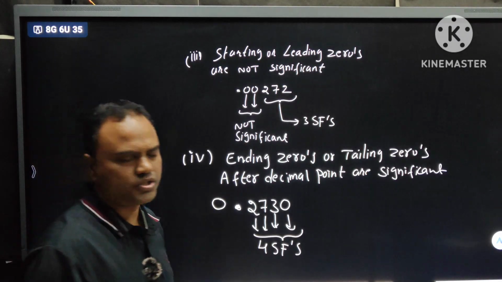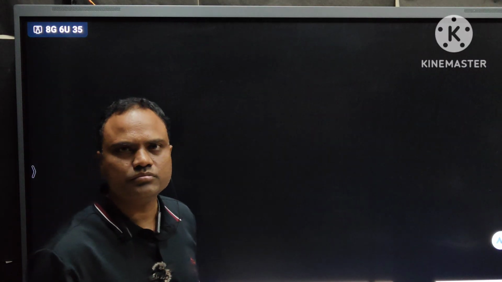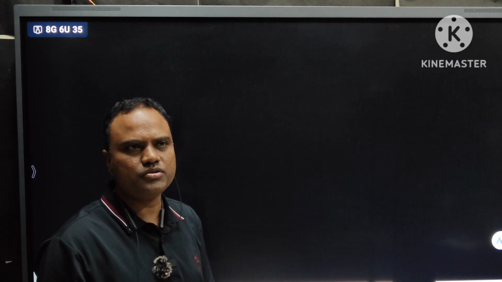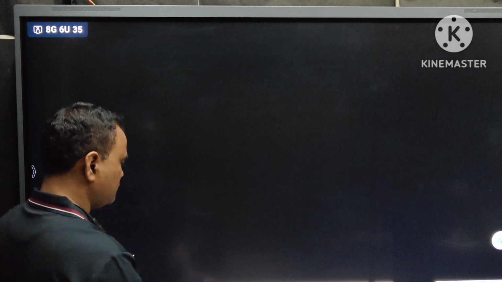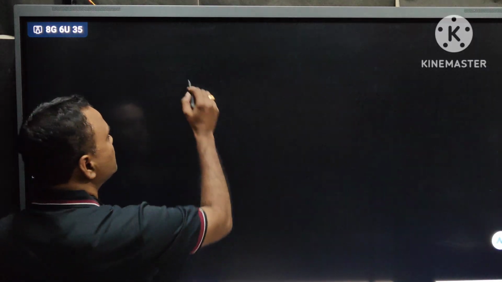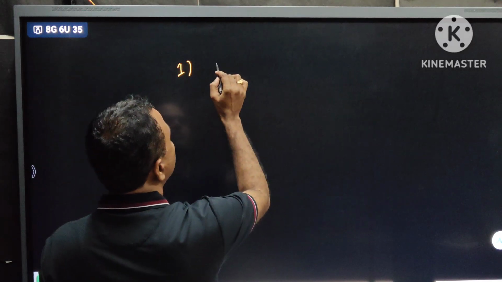Okay, let us do some questions. I'll give you those examples also. If it is not covered, you tell me, I will write. First of all, check whether your question is there or not here.